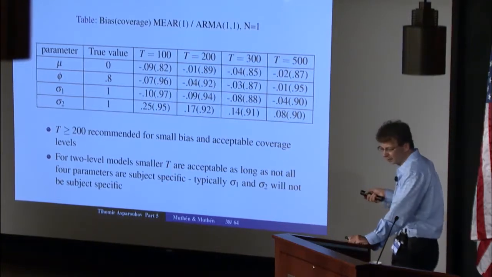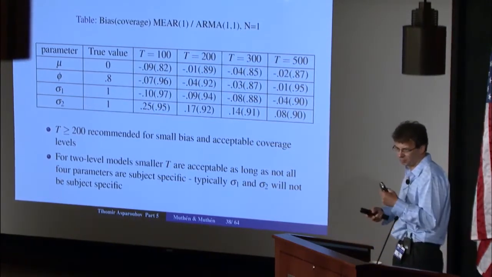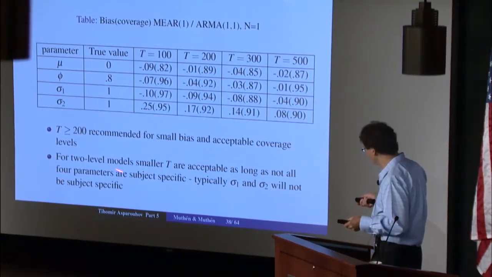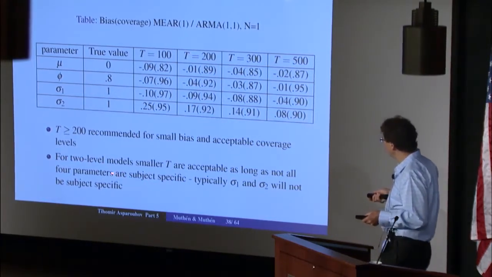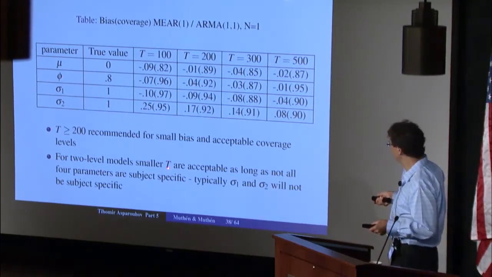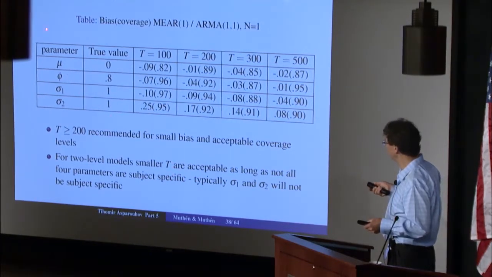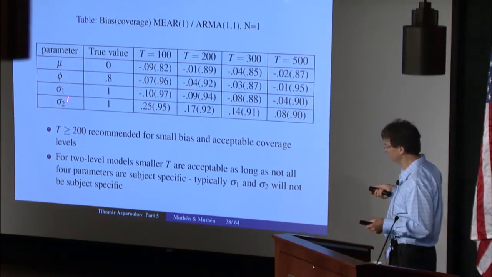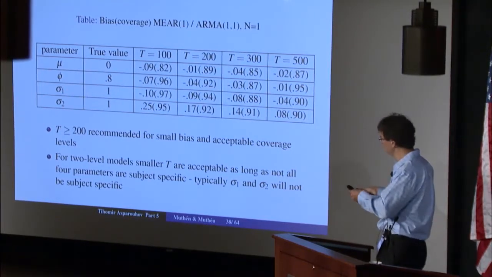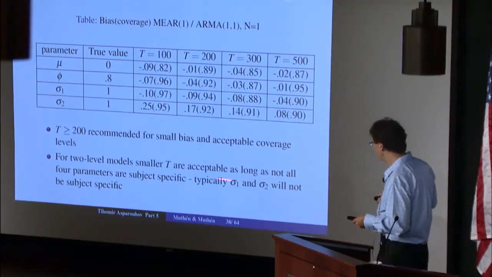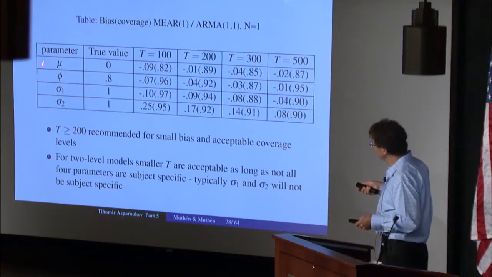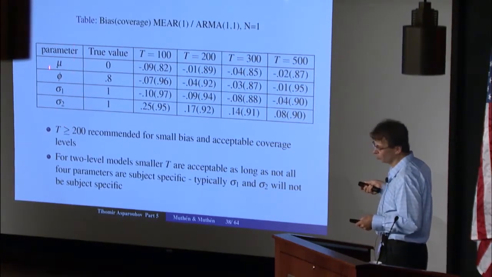Now, luckily for two-level models, which is most of our interest, this requirement for the time points is not needed, because we're not generally going to estimate those as individual specific for each cluster. So in a typical application, some of these parameters are going to be random and cluster specific, but not all 4 of them.